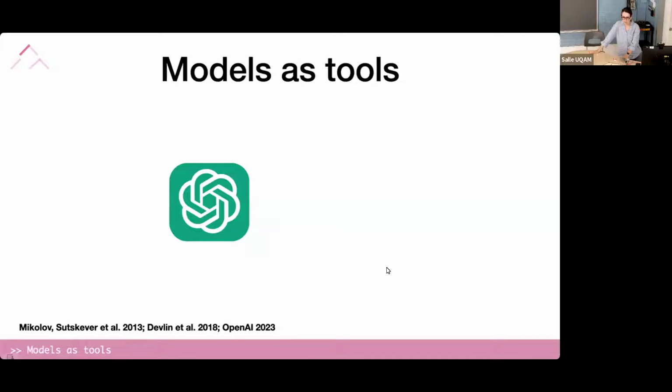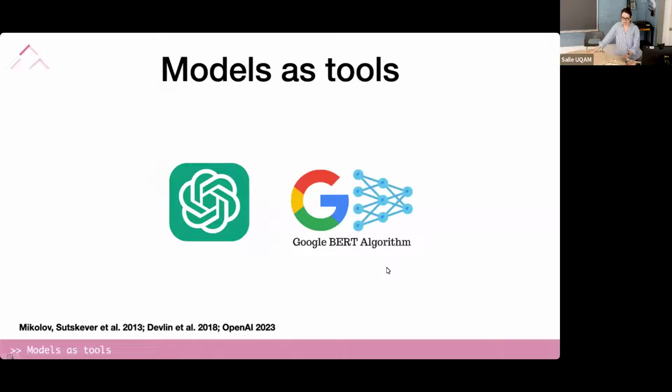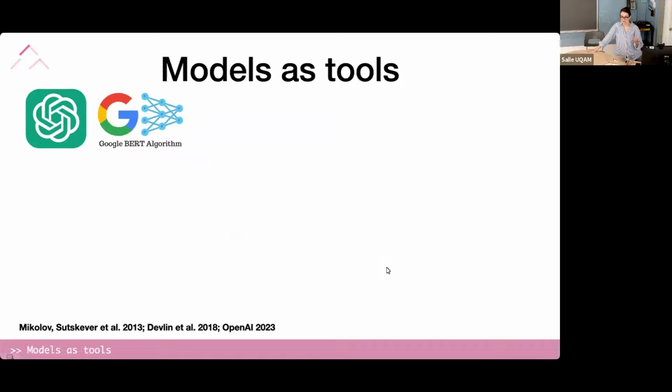So how does that work? We are all now familiar with these large language models, or language models in general. It turns out that these types of models can be really interesting to study and help us understand people, because they are trained on data that we, at least until now, have produced and generated.